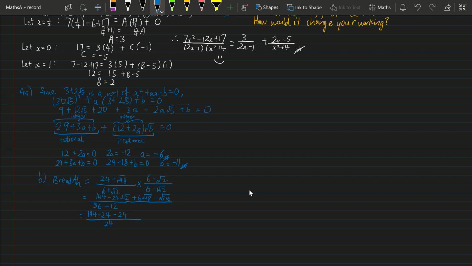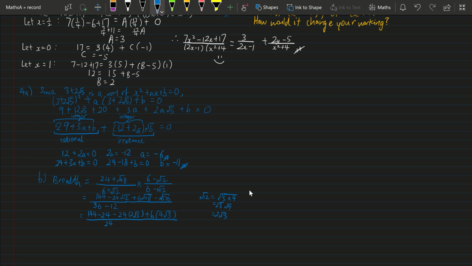So square root of 12 is actually square root 3 times square root 4, which equals 2 square root 3. Okay? So please do the same for 48. You realize that this is plus 6 times 4 square root 3.